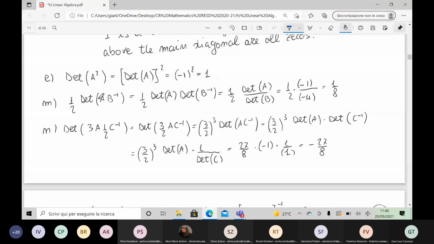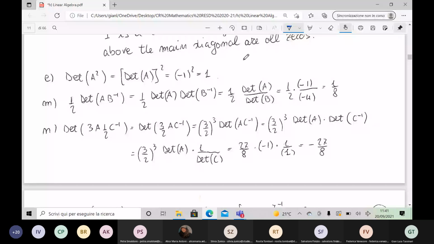So look what we do. 1 over 2 is already outside of the determinant, so you simply have to copy it. Then Binet's theorem tells you the determinant of a product of square matrices is the product of the determinants. So determinant of A times determinant of B to the minus 1. Again, determinant of A, but the determinant of the matrix B to the minus 1, remember, I told you before, is equal to the determinant of B raised to the minus 1.